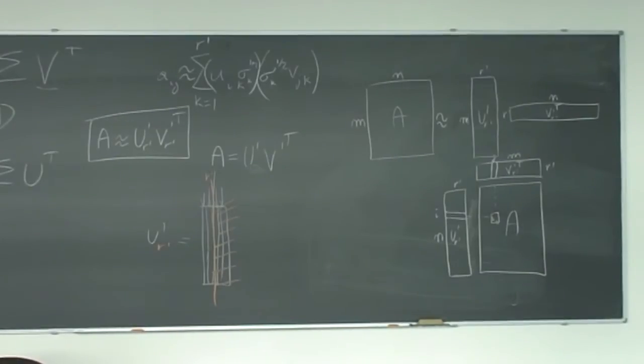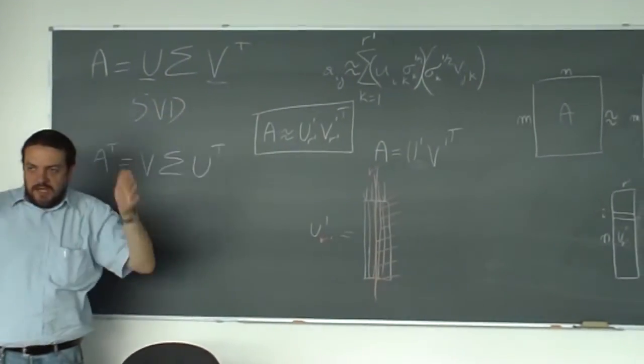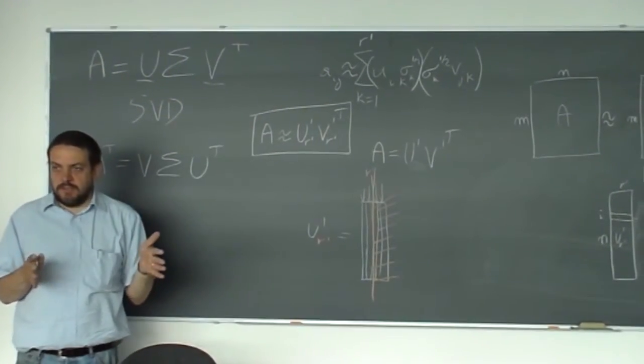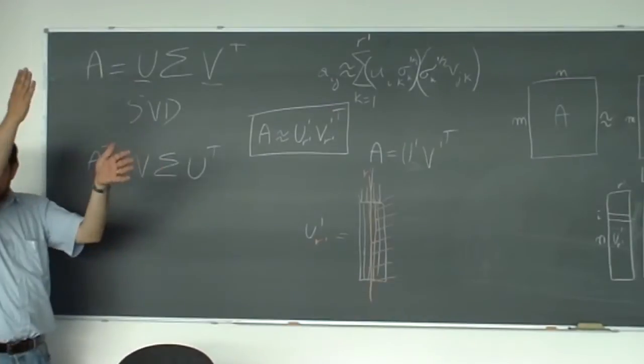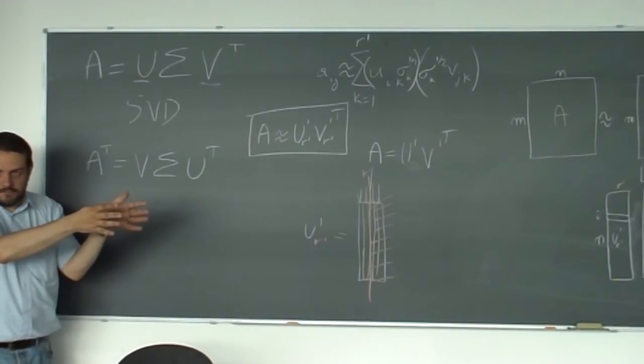Now, the second thing that I did was, okay, don't use all the R columns of the matrices, but just reduce to the first, most significant R prime columns.